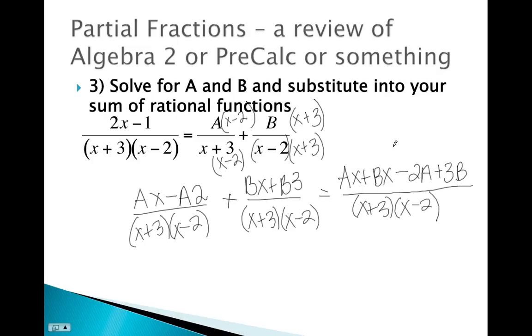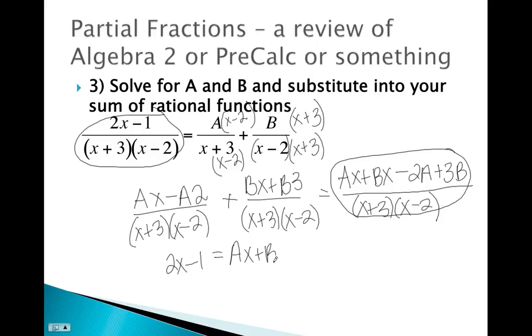Now, if you recall, this was all equal to 2x minus 1 over x plus 3 times x minus 2, which means 2x minus 1 must equal ax plus bx minus 2a plus 3b. Since I have two rational expressions in which the denominators are equal, the numerators must be equal as well. Now what I have is a system of equations because the numerator of the x term over here, 2, must equal the numerator of the x term over here, which I could factor out as a plus b.